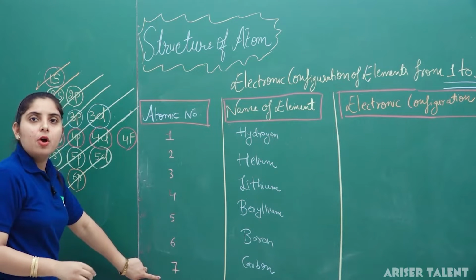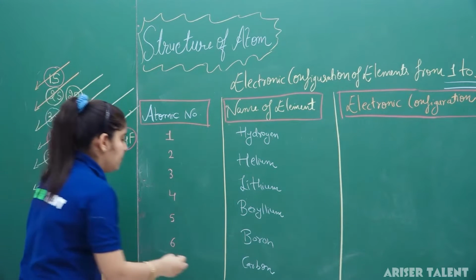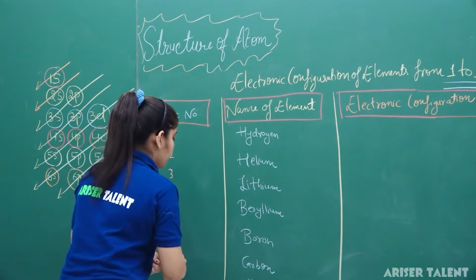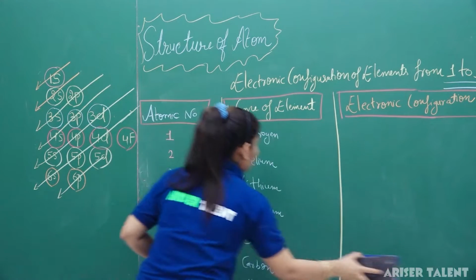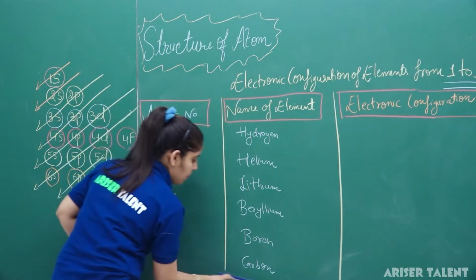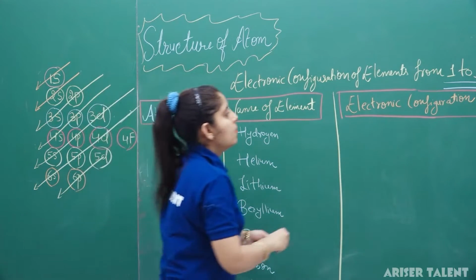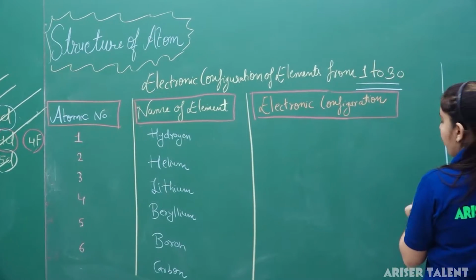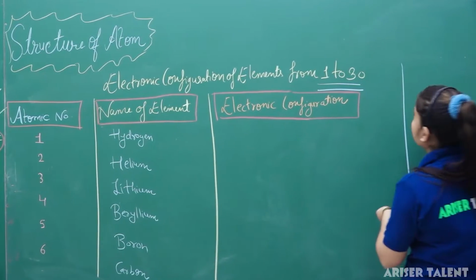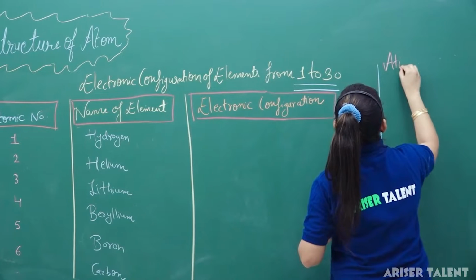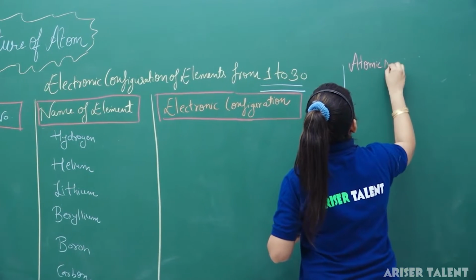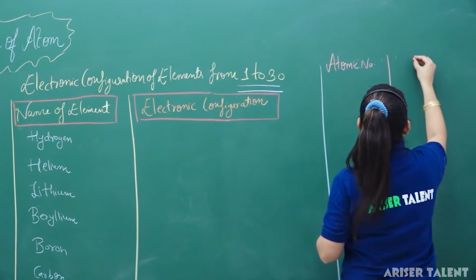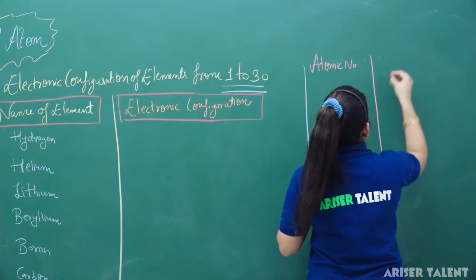And the 7th atomic number is nitrogen. So we will write nitrogen here. For atomic number 7, I will write from here. Here we have the atomic number. Here we will write the electronic configuration.